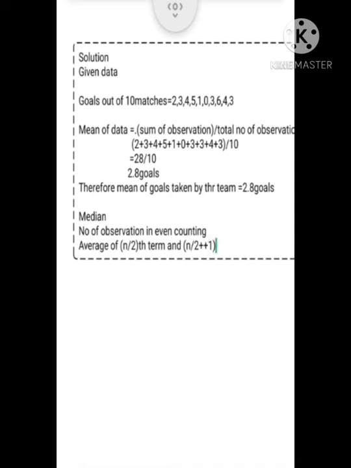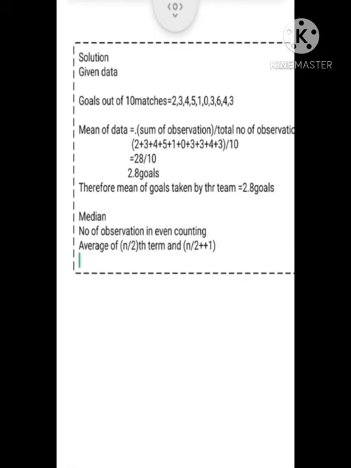So first, what is the n by 2 term? N by 2 means 10 divided by 2, so you get the 5th term.